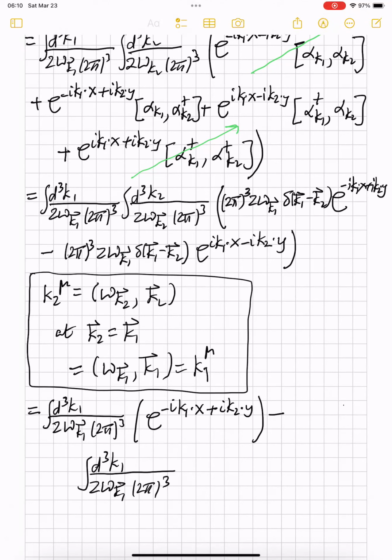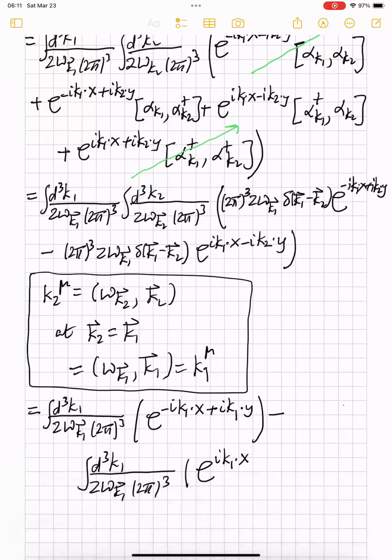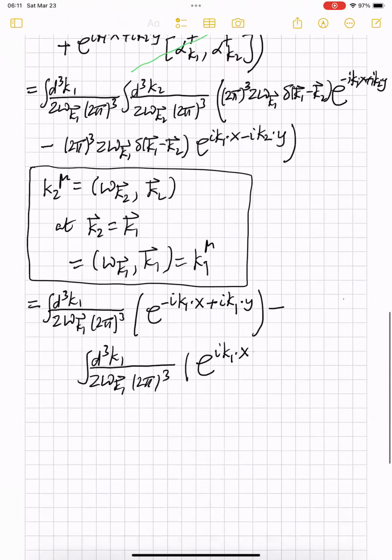Again, the factor in front of the delta function will cancel against the measure, and we're just left with e to the i k1 dot x. Oh, sorry, guys. In the first term, this should have been k2 dot y, because the delta function has set the k's equal to each other. Good. Minus i k1 dot y.